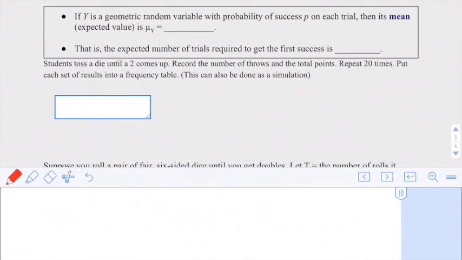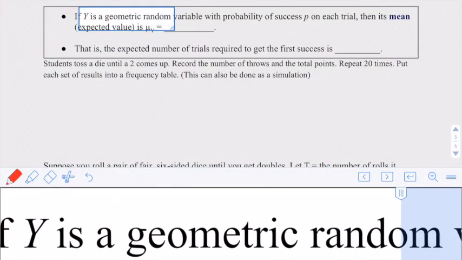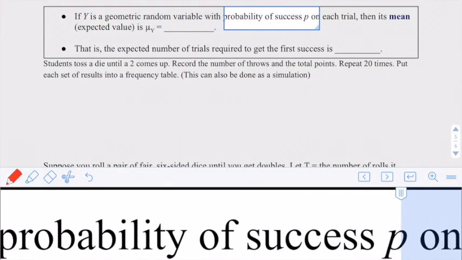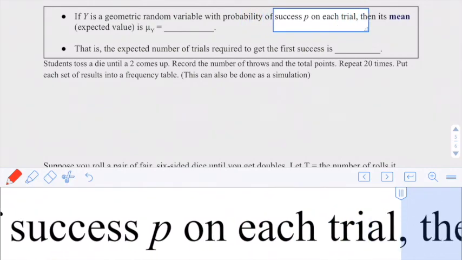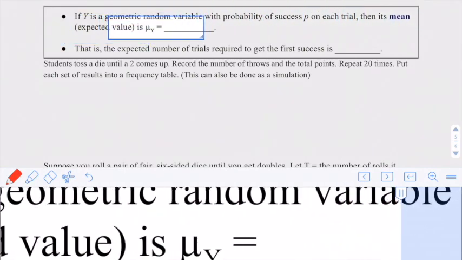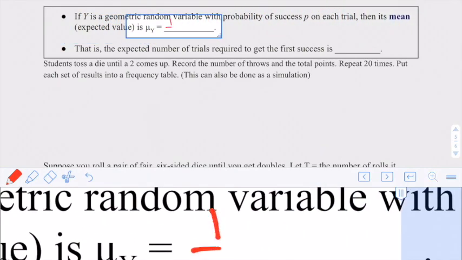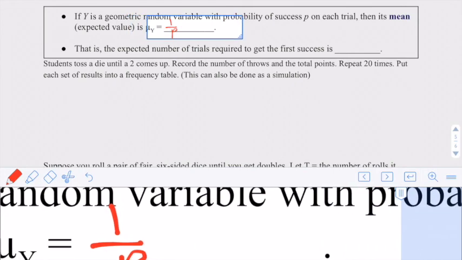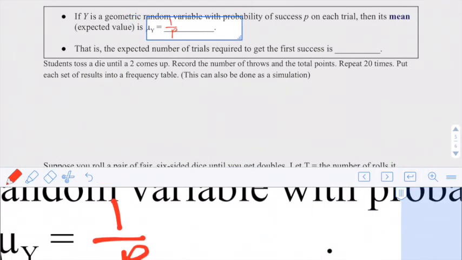So this is what it looks like. If Y is a geometric random variable with the probability of success p on each trial, then its mean, expected value, is 1 over p. Think about this. If you have a coin that you're flipping and you're trying to figure out how many flips it takes until your first success, well, the probability of flipping a heads is 1/2.